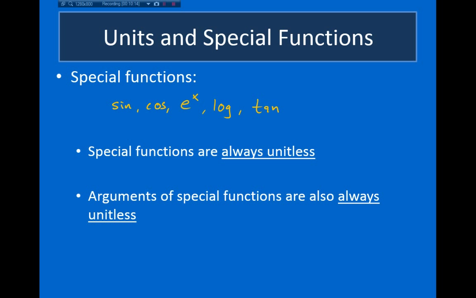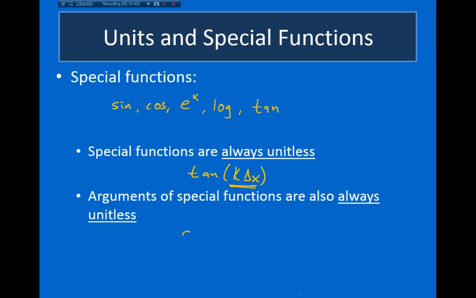Firstly, the units of these functions are always going to be unitless. So if I have tangent of something, that whole thing is going to be unitless. So tangent, say for example, of k delta x, this whole thing is unitless. In addition to that, the argument of the special function is also always going to be unitless. The argument's that thing that appears in the parentheses.